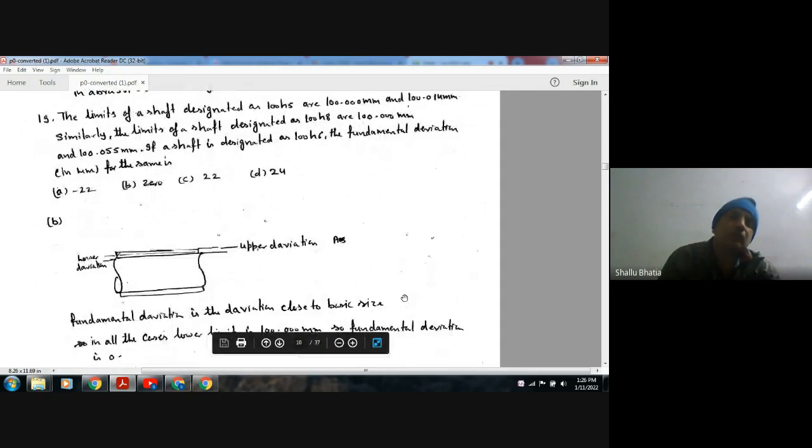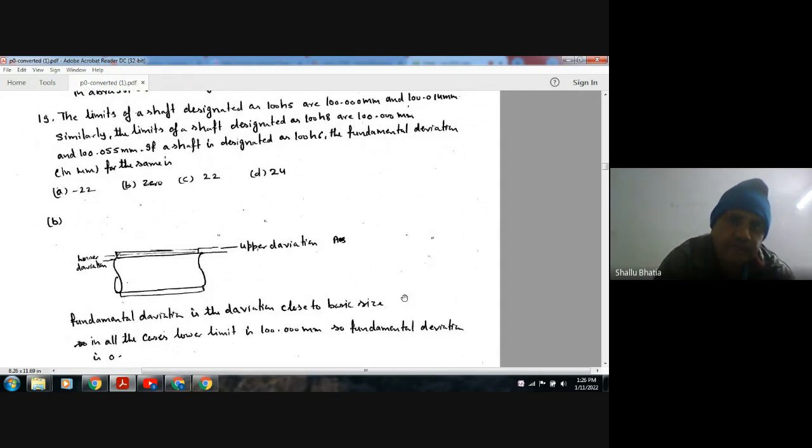The limits of a shaft designed as 100 H5 are 100.000 mm and 100.014 mm. Similarly, the limits of a shaft designed as 100 H8 are 100.000 mm and 100.055 mm.